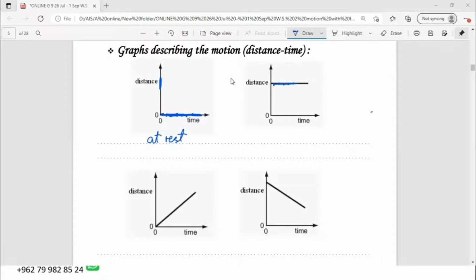The object is, for example, 5 meters from the wall and remains 5 meters during the time. Time is moving forward, but the object is not in motion. So any horizontal line on a distance-time graph represents an object at rest.